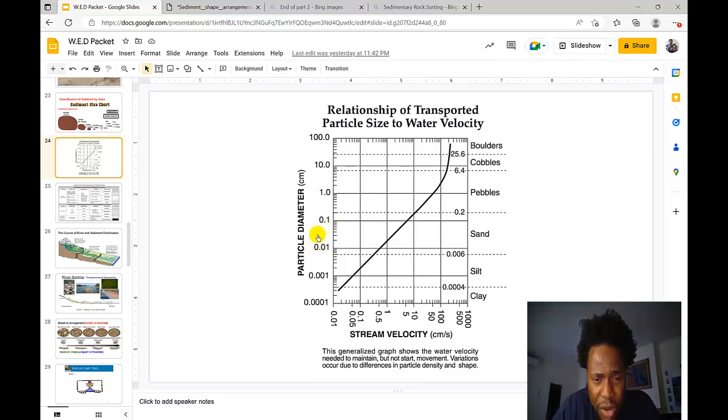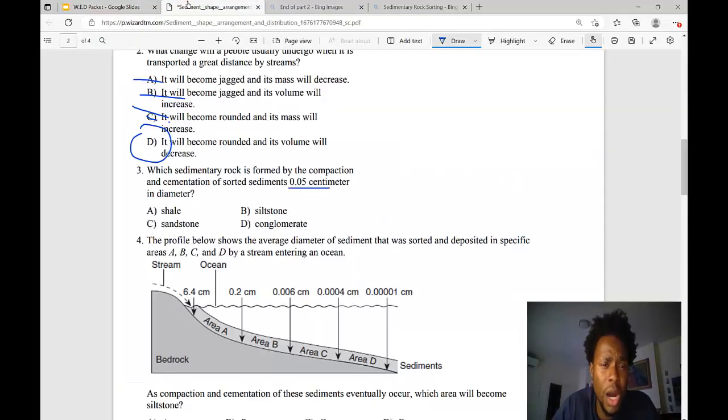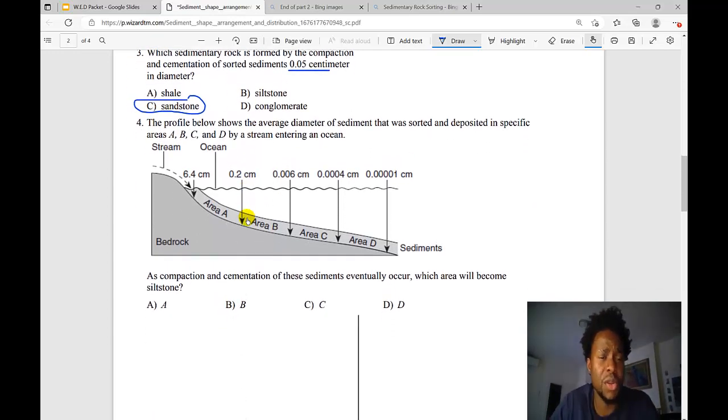So 0.05 would be almost at the middle right here, and that means that particle size would be sand. And if it's sand, it should produce a sandstone. So sand 0.05 would be in between here, and the kind of sedimentary rock that we produce out of that would be sandstone. All right, let's see. Yeah, here's our answer. C, sandstone right there. That leads us to question number 4.